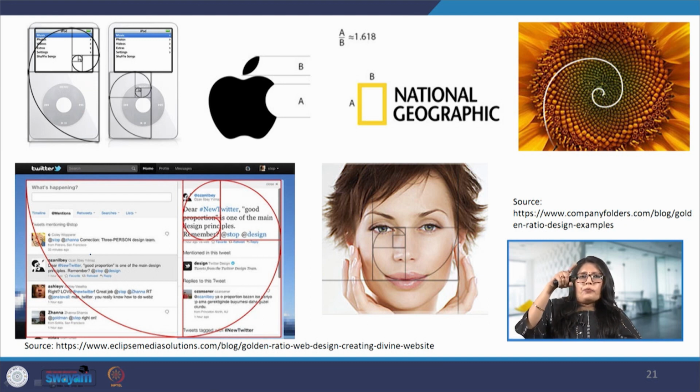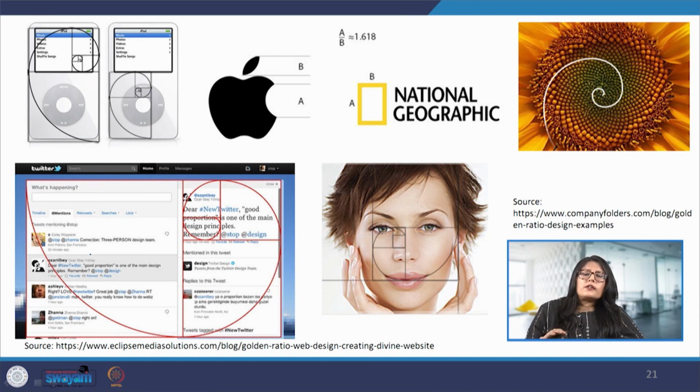Similarly, we can see it in flowers in nature, the way the seeds grow in a sunflower. They also form a golden ratio which makes the golden spiral and so on. Now, this concept which was discovered by Pythagoras and the ancient Greeks has been used in ancient architecture and in creating art.